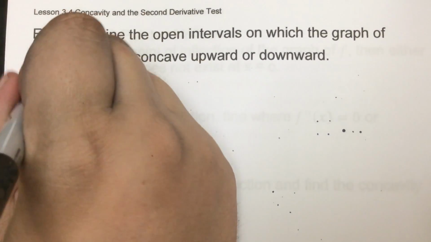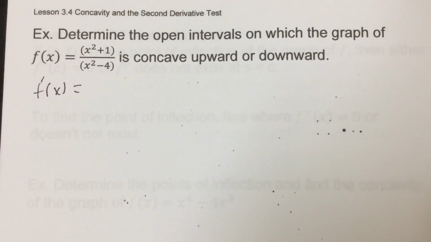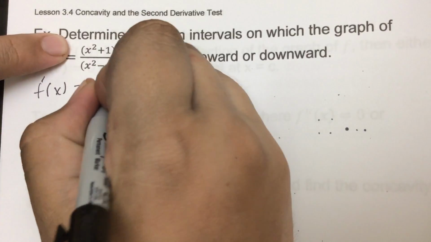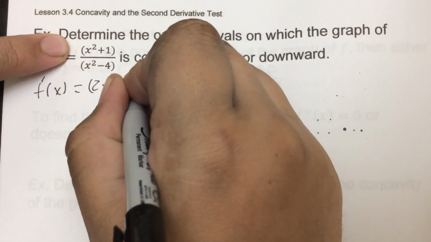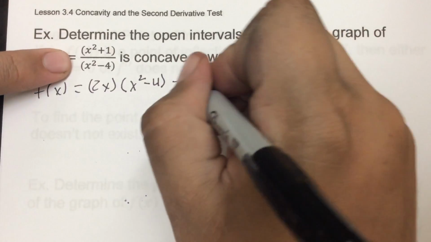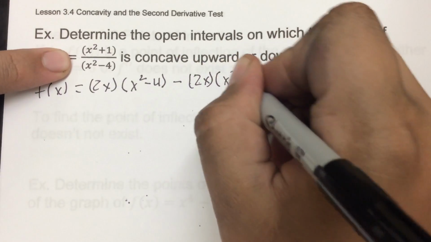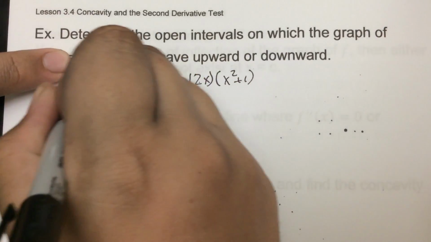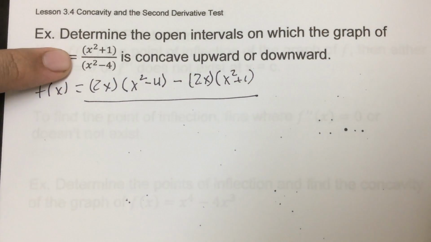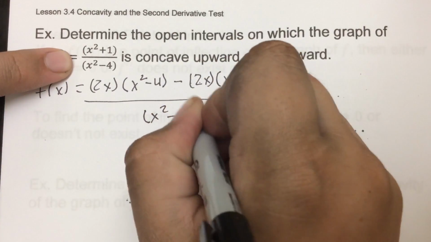So the first thing I'm going to do, first derivative. The derivative of the top would go to 2x times the bottom, x squared minus 4, minus the derivative of the bottom, which would go to 2x, times our top of x squared plus 1, over x squared minus 4, the bottom, squared.